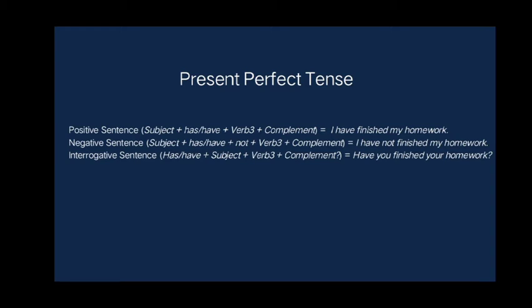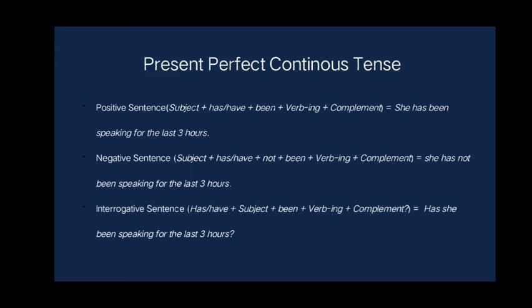If we want to make a negative sentence, we just add not after to be, has or have. And for an interrogative sentence, we add to be in the first part of the sentence. Next is present perfect continuous tense. It is used to denote an action that began in the past and continues to the present.